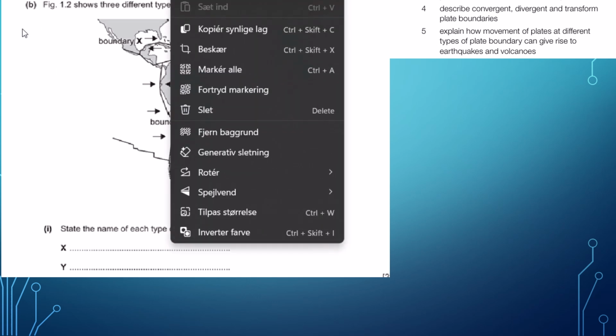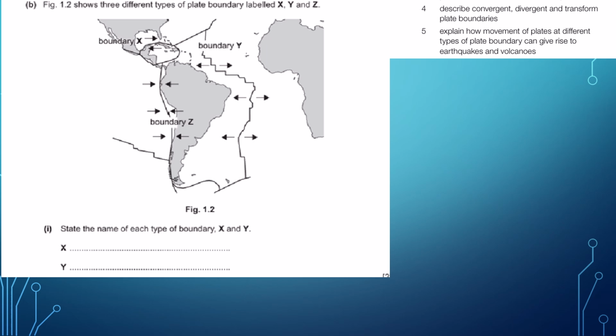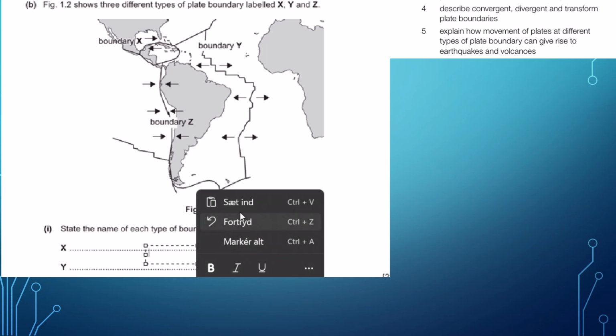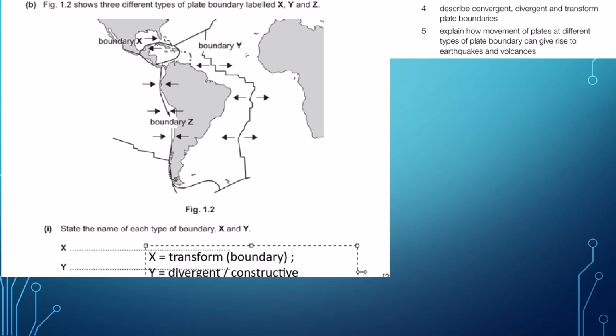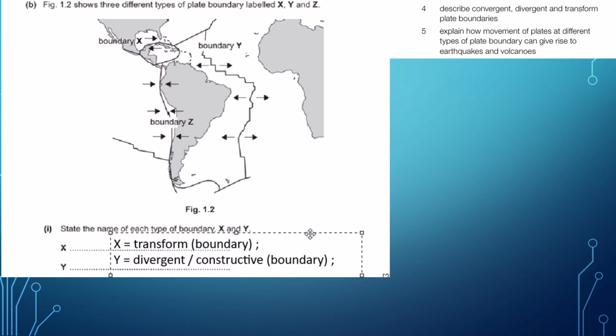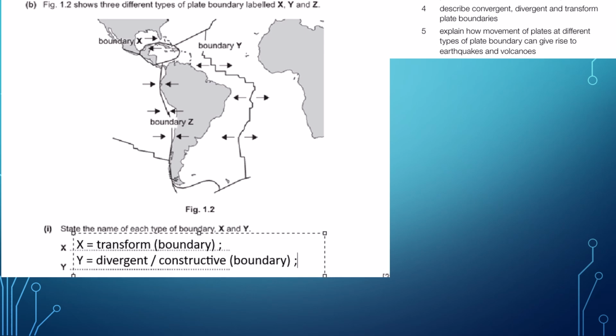So in that case, we can say that X is a transform boundary and Y is a divergent boundary. These are things you should hopefully remember from chapter 1.